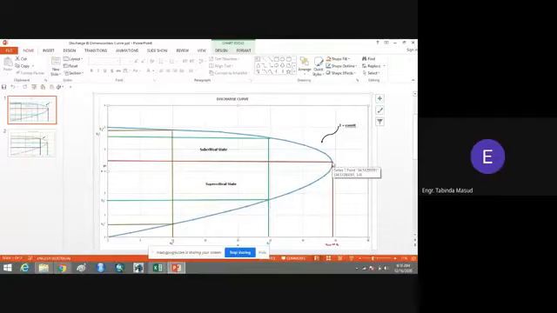Remember that corresponding to this maximum discharge, we have the depth of flow which is known as the critical depth of flow.